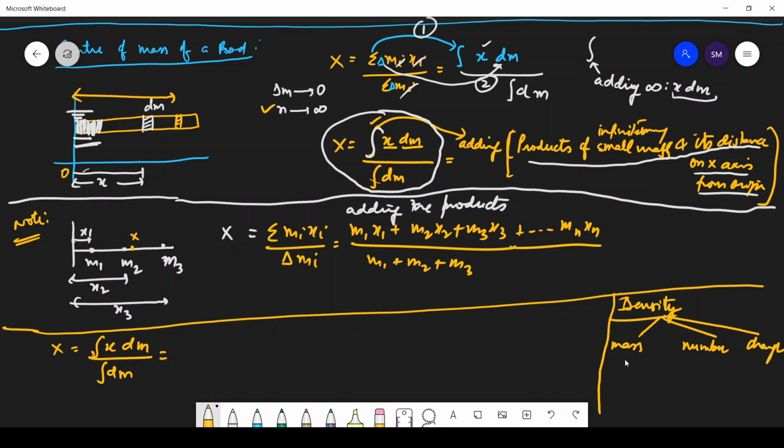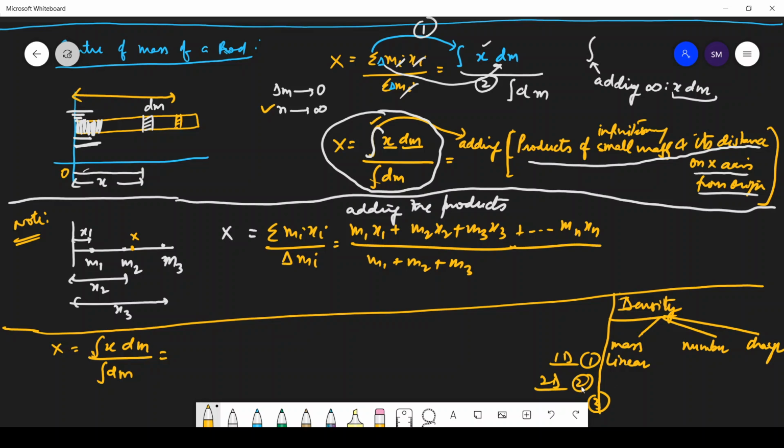Mass density means mass upon volume. These are also of three types. Like here, it is along a line, one dimension, so linear mass density.